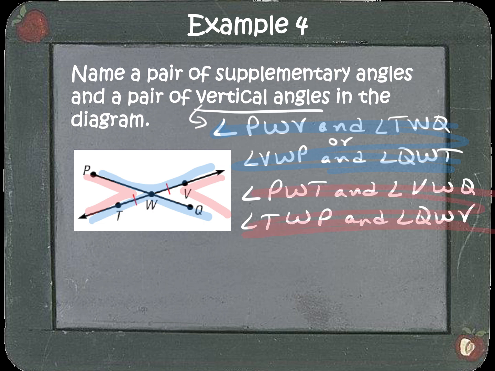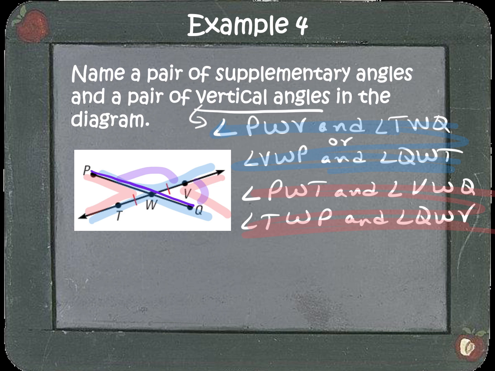So for the supplementary angles, let me get some other colors in here. Remember, supplementary angles are a pair of angles that add up to be 180 degrees. Another name when you're trying to find it in a picture like this would be a linear pair. So for example, if I draw my line here, I have a pair of supplementary angles with this one and this one together.